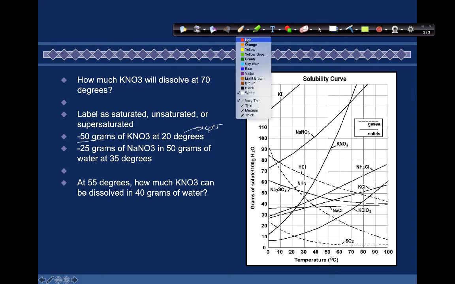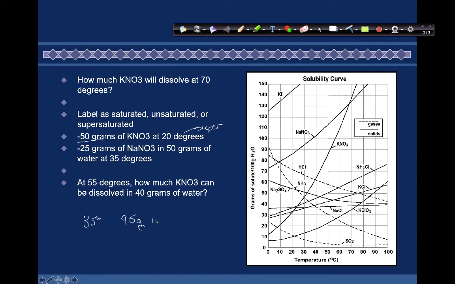So for that given temperature, at 35 degrees, I can dissolve about 95 grams in 100 grams of water. Well, in order to compare what I've got here, I really need to cut the water in half. So if I know that I have 50% of the water, so it's 50 divided by 100, right?